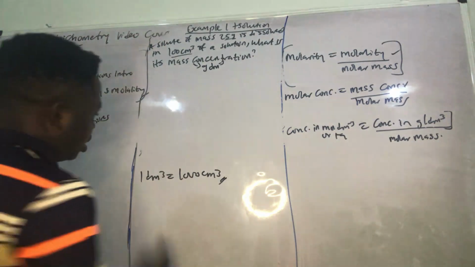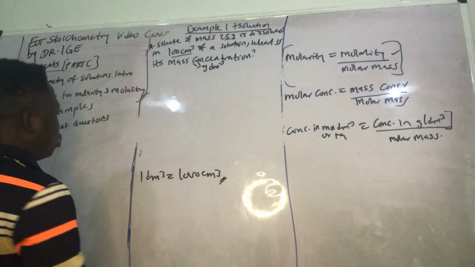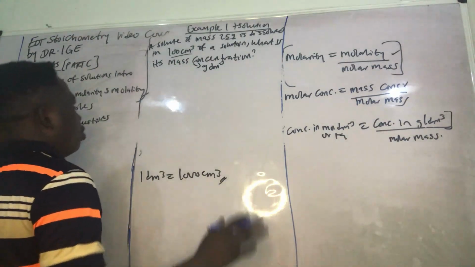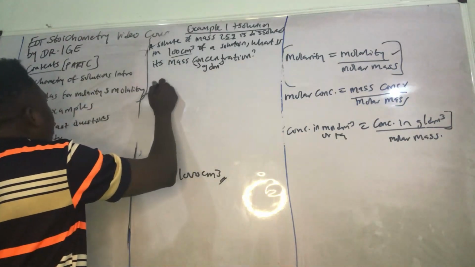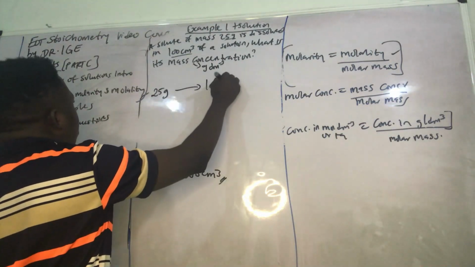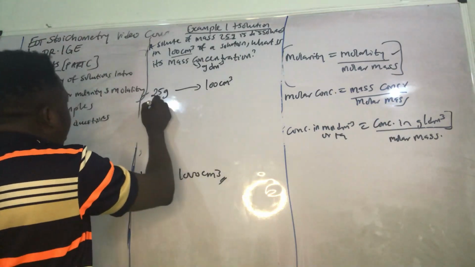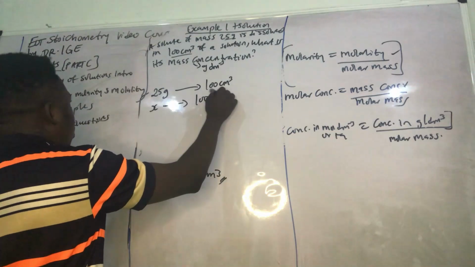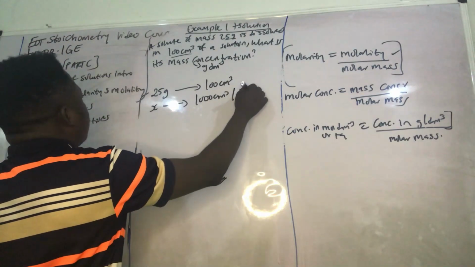So what does that mean? It means this is how we compare. We say 25 grams was dissolved in 100 cm3. How many grams will now be dissolved in 1000 cm3 or 1 dm3?